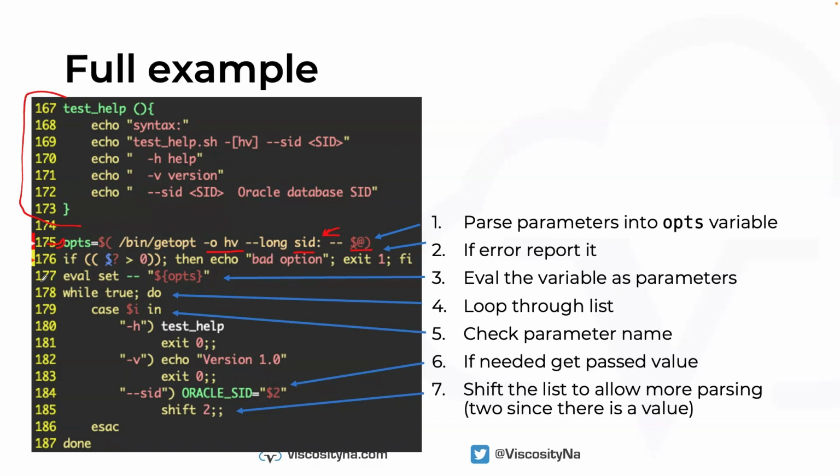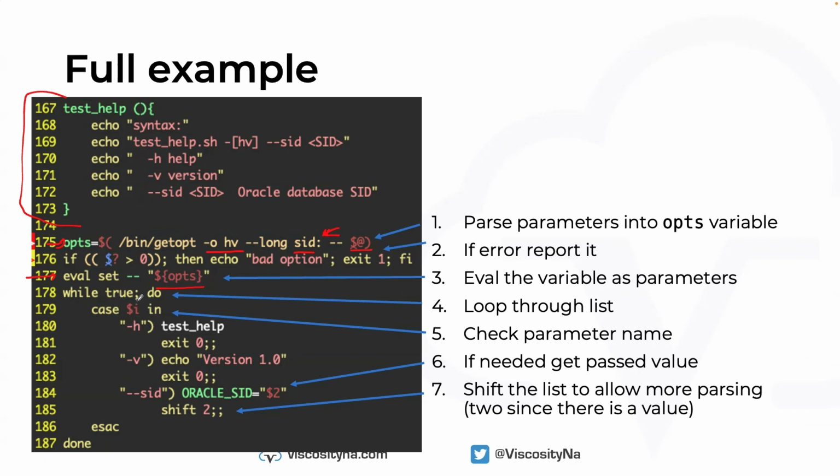So I basically eval that array. This basically turns it into something that's going to be passed to this loop, right? So I'm just saying take my array of options that was generated by getopt and pass it to this loop. And then run this loop until I run out.